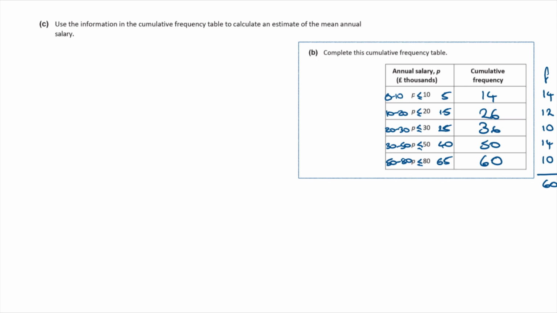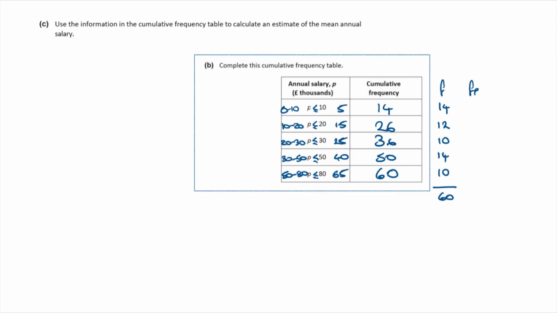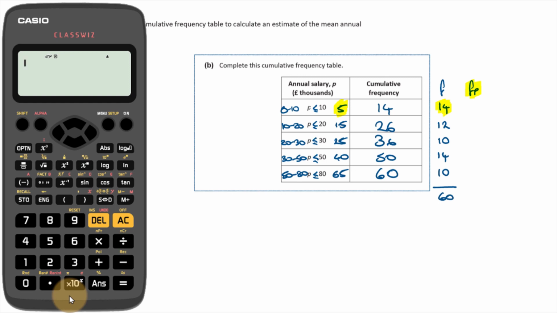Okay, so once we've got those mid values, I need to then multiply them by the frequencies, don't I, to get FP. Just going to budge this over a bit so it fits more on my page. So I need to multiply my mid value by my frequency to get my frequency times my mid value there.